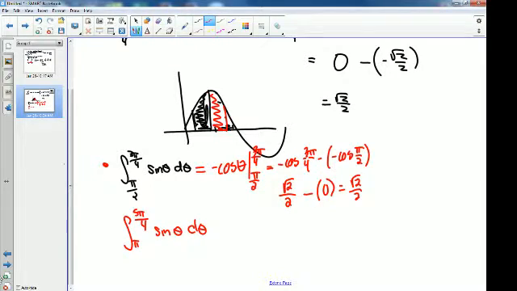If I were to calculate this area right here, it is a negative number because it's below the x-axis. That's why these are positive, because they are above the x-axis.